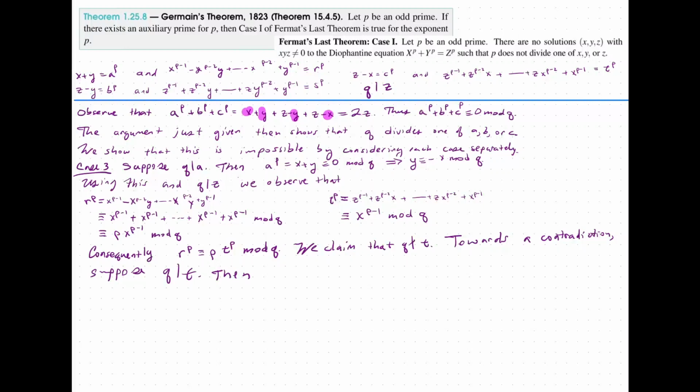Because our t to the p is congruent to x to the p minus 1. So if q divides t, then this x to the p minus 1 has to be congruent to 0 mod q, and consequently x is congruent to 0 mod q. And so here we have a contradiction. So this contradicts the GCD of x and z being equal to 1. So q does not divide t, as claimed.